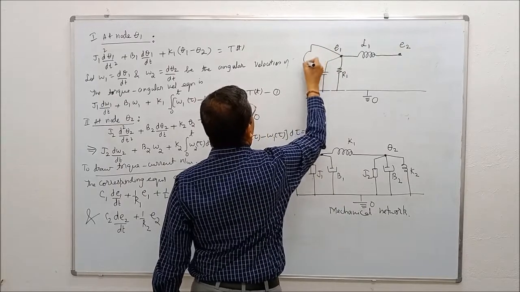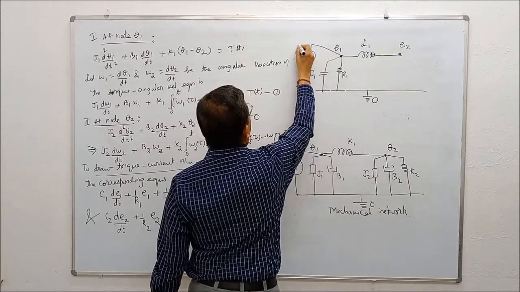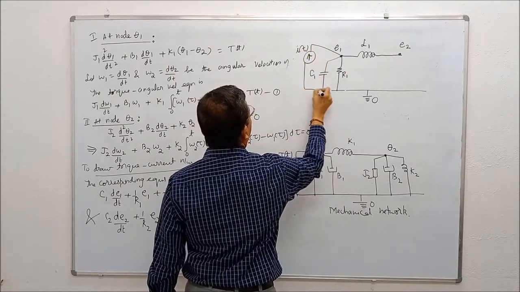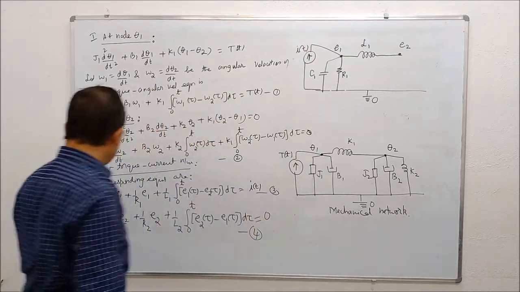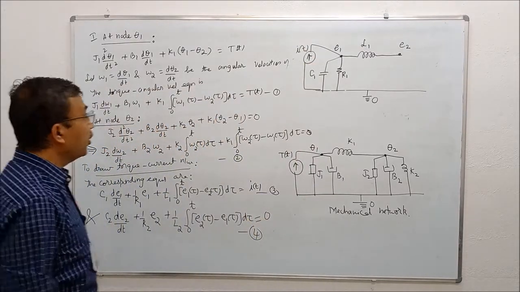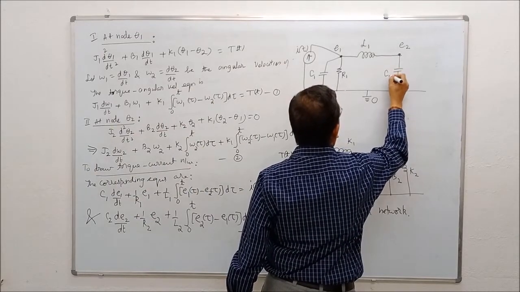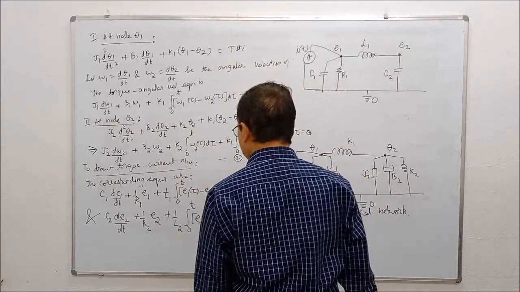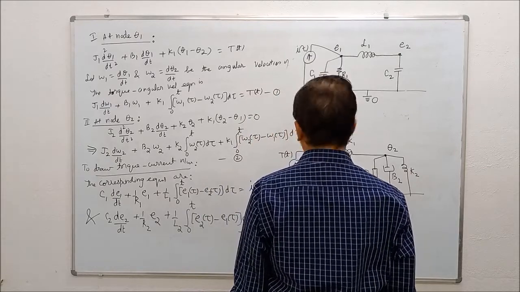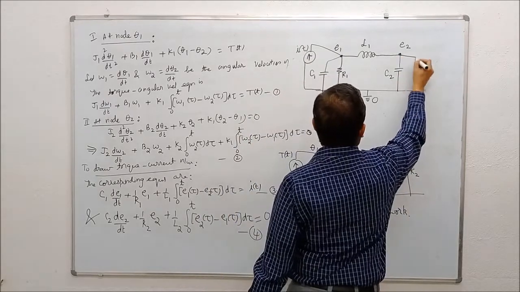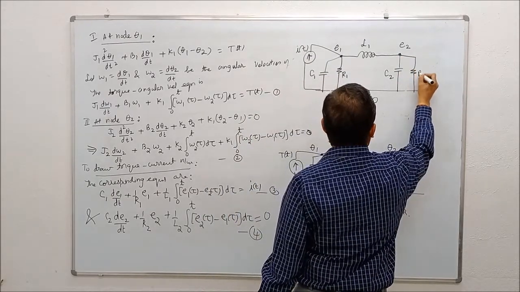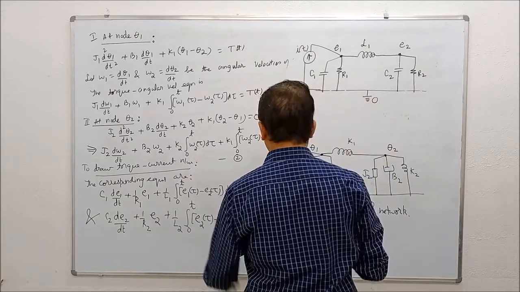Current I(t) enters node 1 having potential E1. Next, I come to this equation. C2 is between E2 and ground. R2 is between E2 and ground.